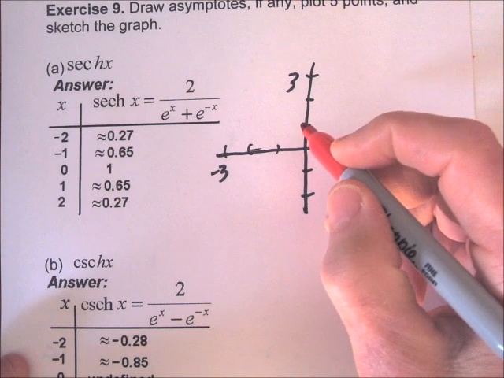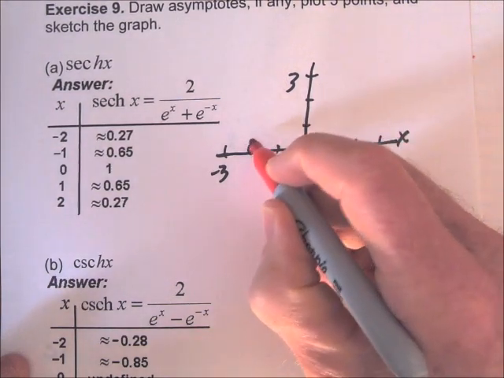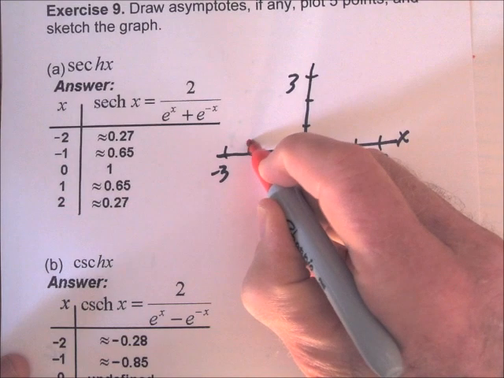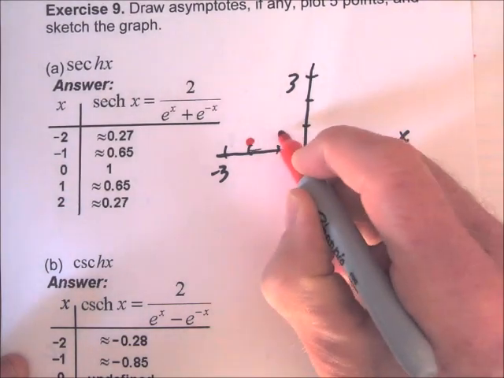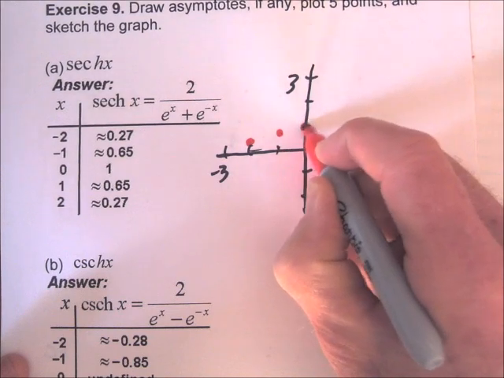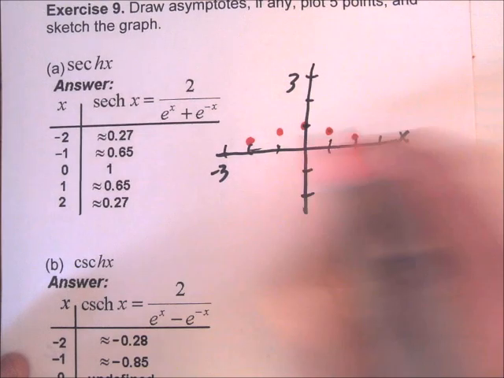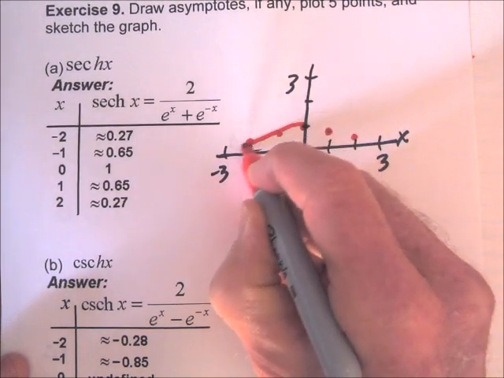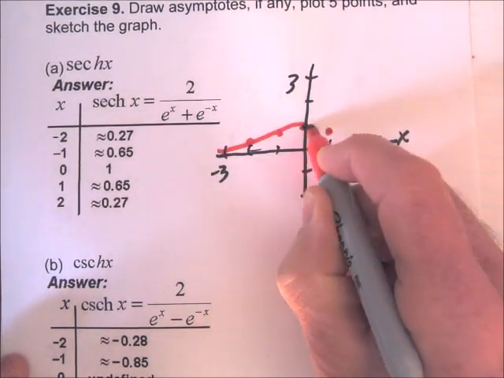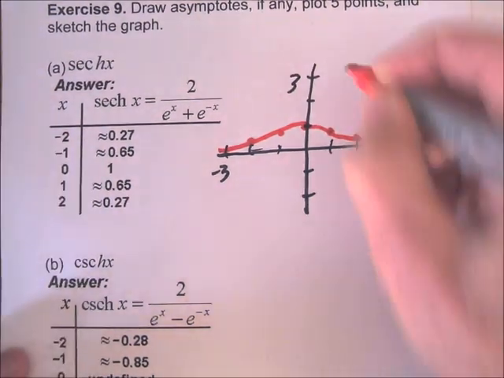Okay, so let's plot these points. We have 2 to the left, up 0.27. That's up like a quarter or so, and 1 to the left, up 0.65. That's about 2/3, 0, 1, and then it's about 2/3 again, and a quarter. So the graph looks something like this. It looks kind of bell-shaped, somewhat bell-shaped.